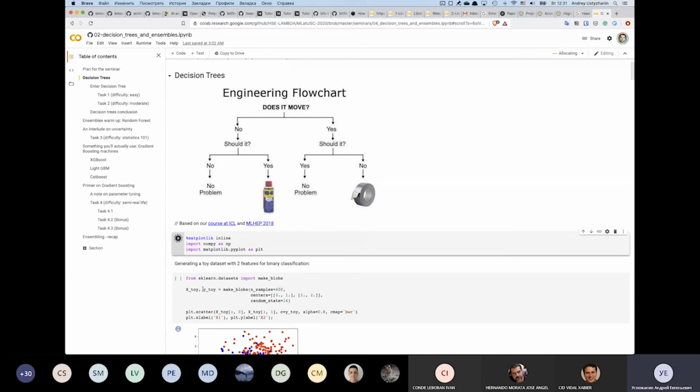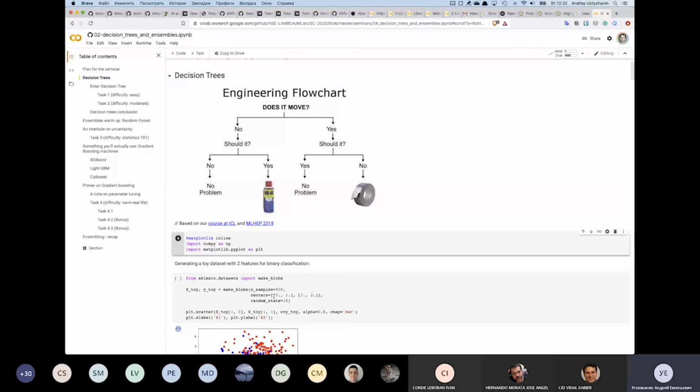You see that scikit-learn has a lot of code that allows you to build an artificial toy data set. So in that case, we just create the blobs that contain 400 samples.